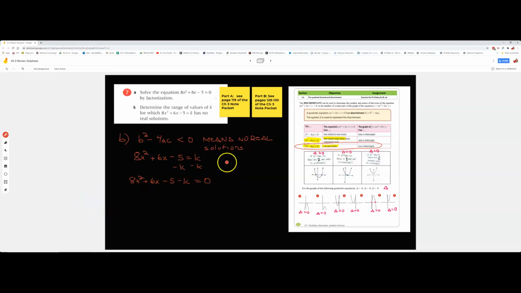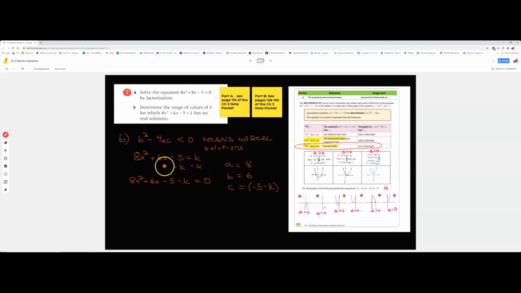All right, now I'm going to take my values of A, B, and C. So A is equal to 8, B is equal to 6, and C is negative 5 minus k.